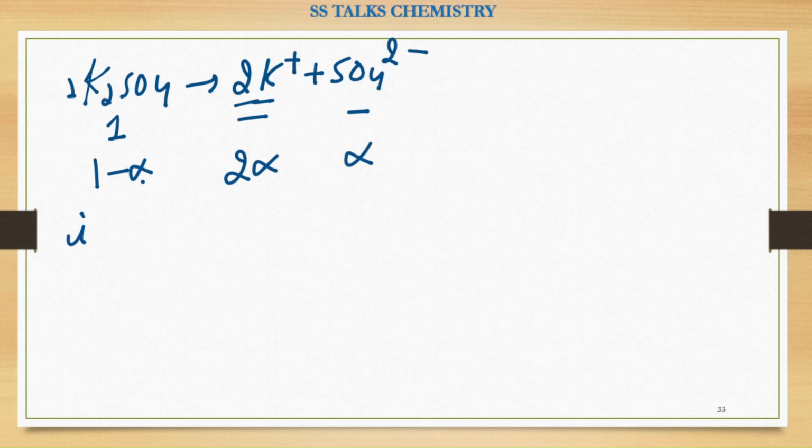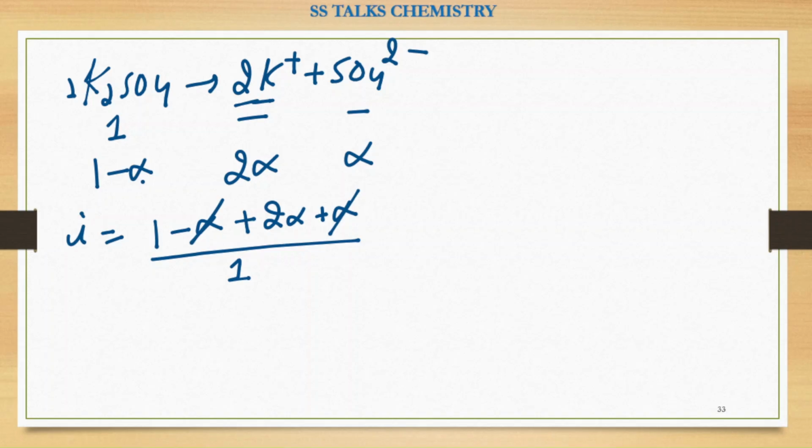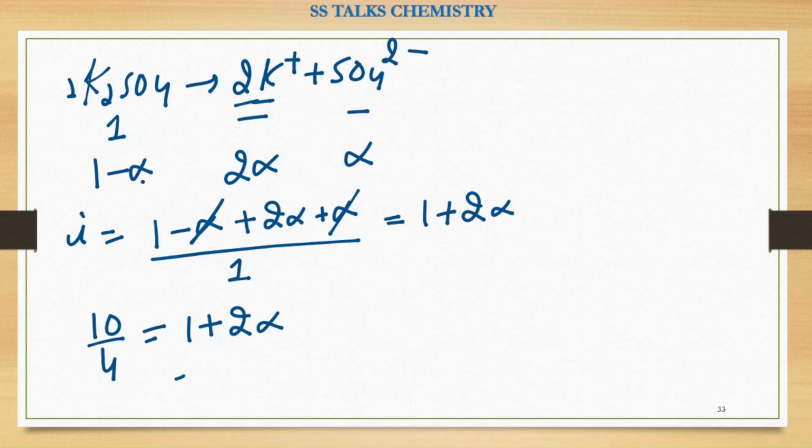If I calculate this i value, finally how many moles are formed? 1 minus alpha plus 2 alpha plus alpha, upon the initial 1. So this alpha and this alpha will get cancelled out. That is equal to 1 plus 2 alpha. So the i value was 10/4, this is equal to 1 plus 2 alpha. So 2 alpha will be equal to 6/4, right?